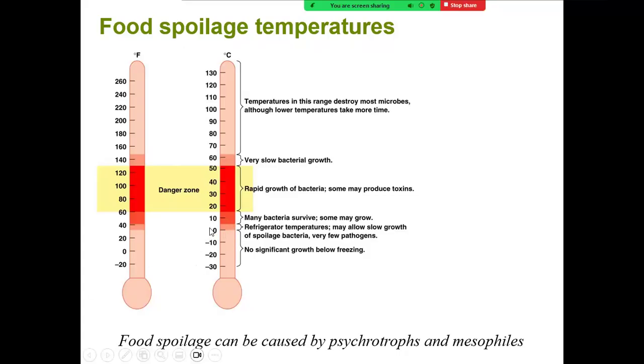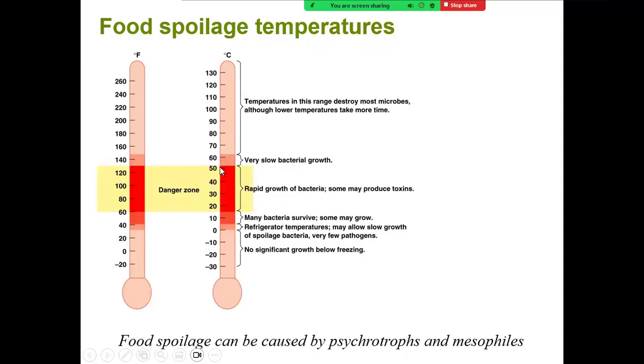After about a week, unless the food has another preservative in it, like pickles or ketchup have acid and salt, and ketchup also has sugar, in which case it can remain in the refrigerator much longer than a week. But most food, like steak you put in the refrigerator, after a week you should probably throw it out, because the microbes could grow slowly in it.